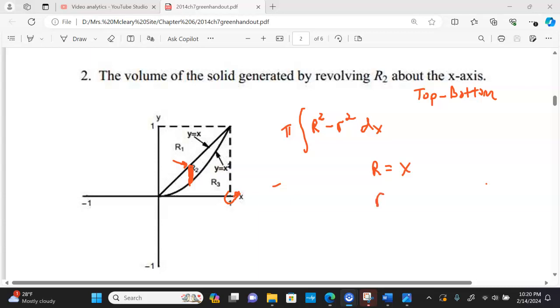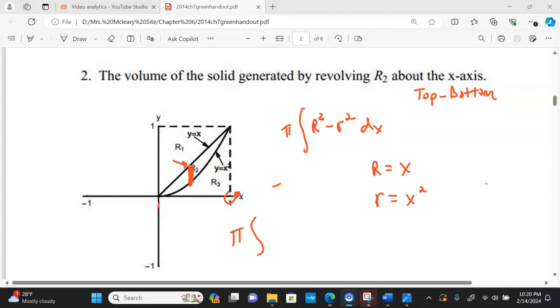Okay, little r is going to equal the shorter distance, from here to the x-axis. Well, in this case here, it's going to be the equation x squared, minus all the way down to the bottom, so minus 0. Okay, so now when I put that into the equation, I get pi.